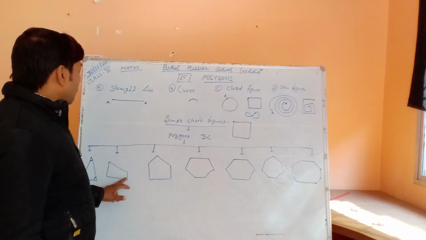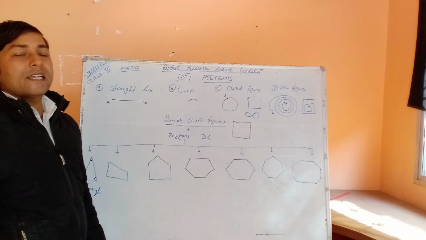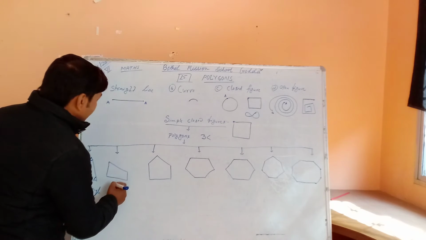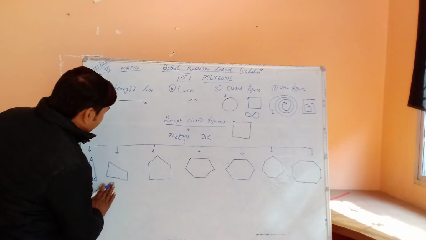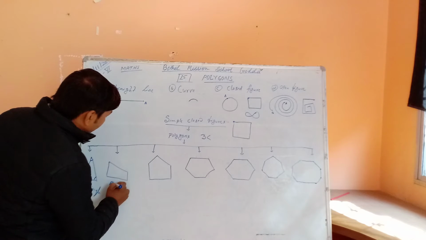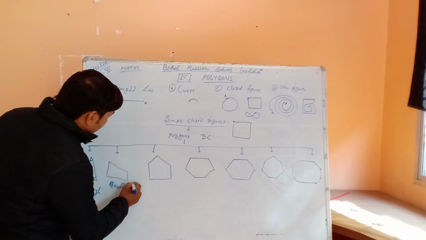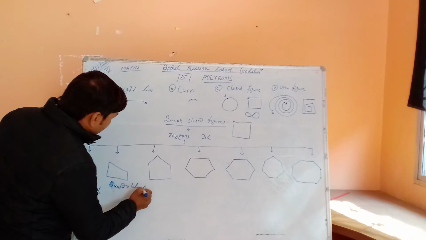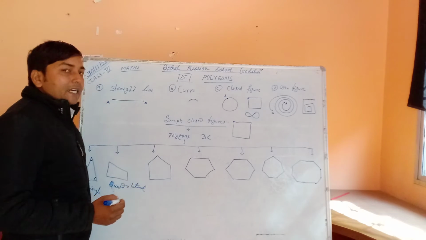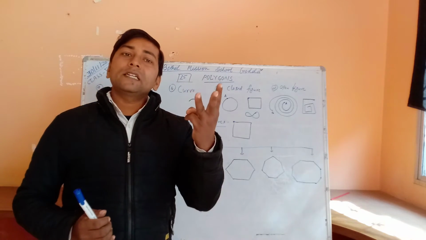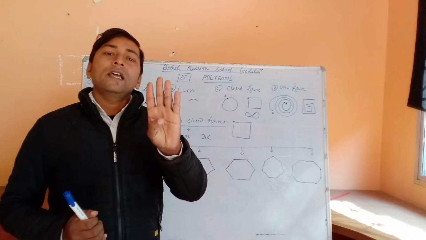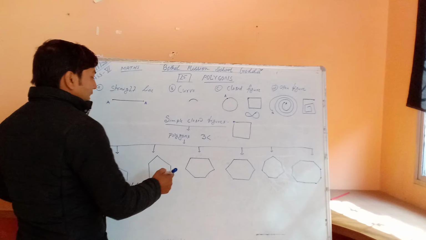And how many angles here? 1, 2, 3, 4. That is said to be a quadrilateral. Triangle has 3 sides, quadrilateral has 4 sides.